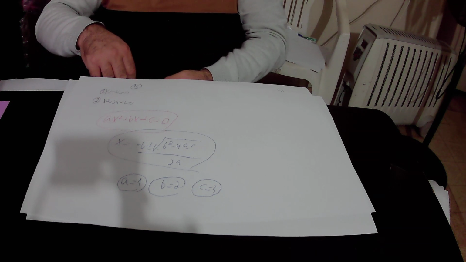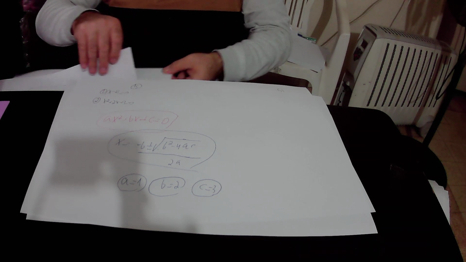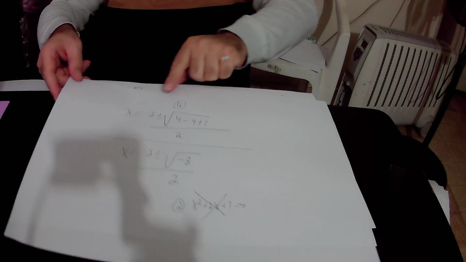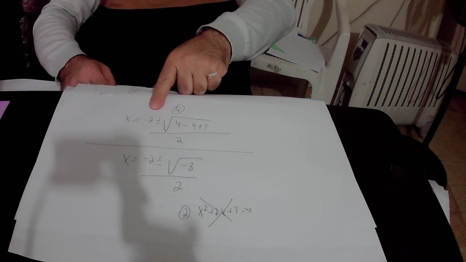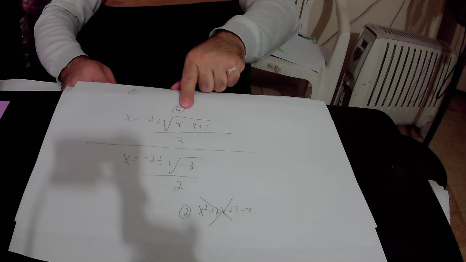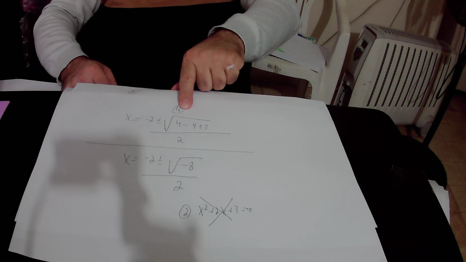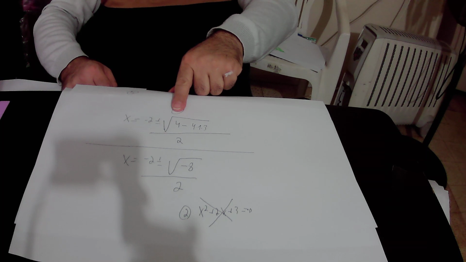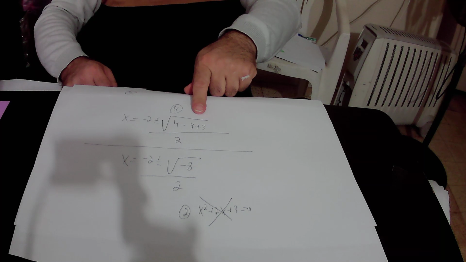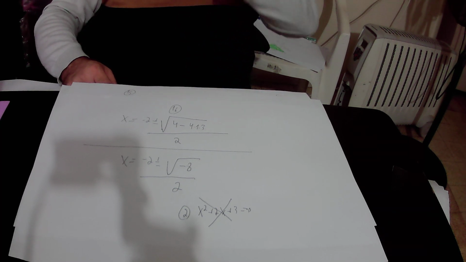And we actually found out that x equals to minus b, b is 2, so minus b is minus 2, plus minus root of b squared, b is 2, so b squared is 2 squared, which is 4, minus 4 times a times c. 4 times a is 1, 4 times 1 is 4, and c is 3. 4 times 3 is 12.